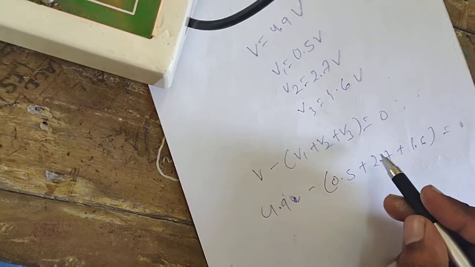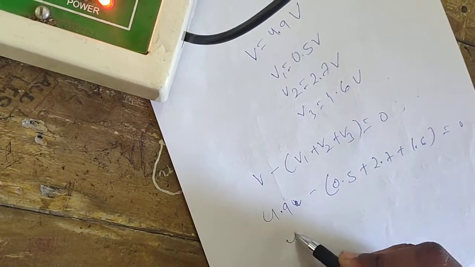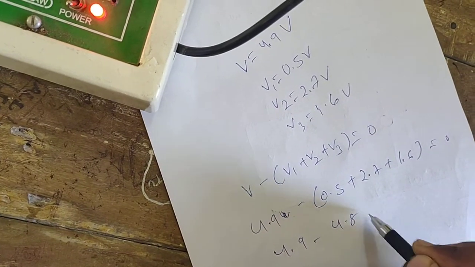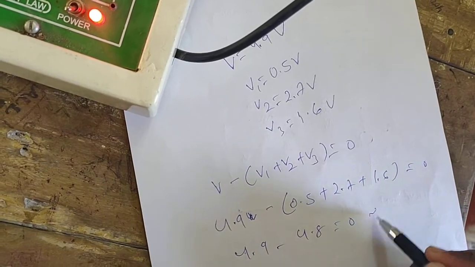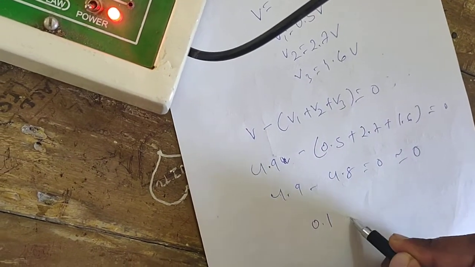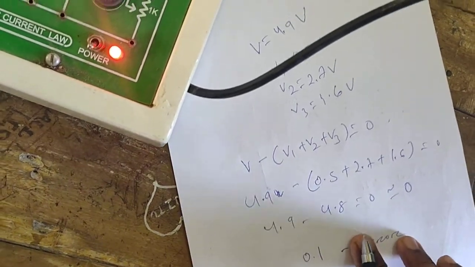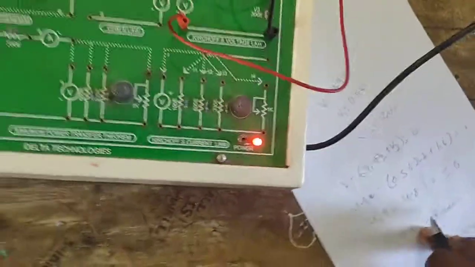Means 0.5 plus 2.7 plus 1.6 comes to 4.8, nearly equal to 4.9. So it is nearly equal to 0. The error is around 0.1. So it is approximately equal to 0, and here Kirchhoff's voltage law is verified. Thank you.